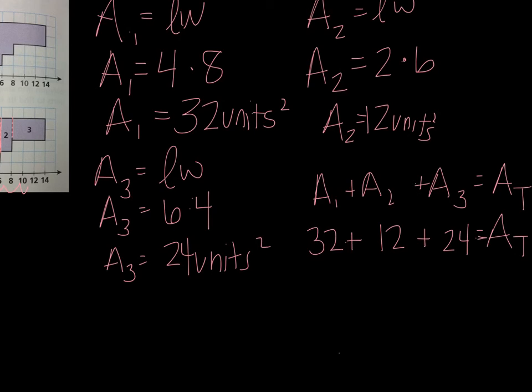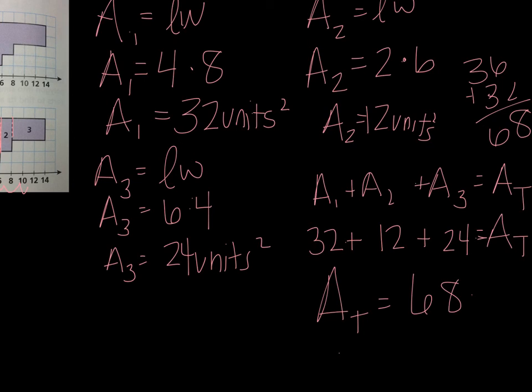Well, 12 and 24 is 36, and 36 and 32 equals 68. Okay, so our total area is 68 units squared.